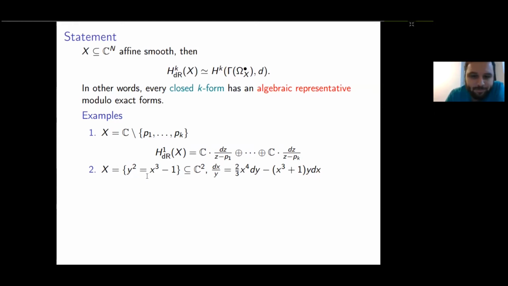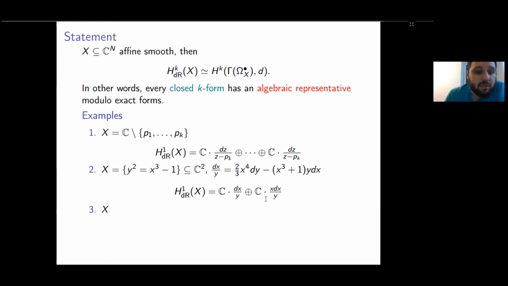And so this is a global algebraic form defined over X. And it turns out that the usual de Rham cohomology is generated by this global differential and x times this differential, okay? And both are algebraic representatives.